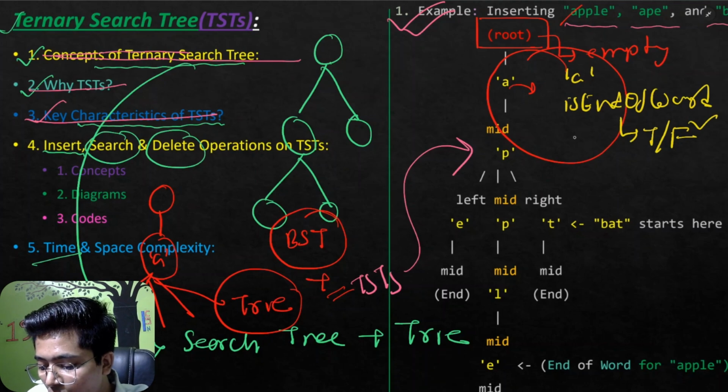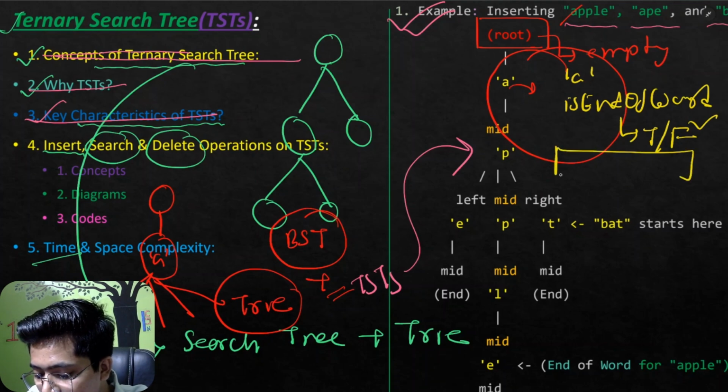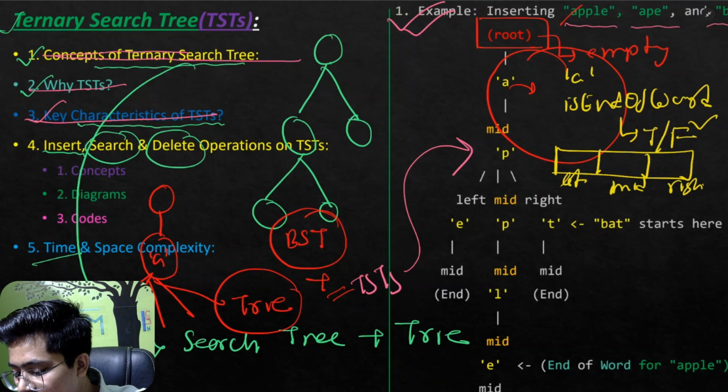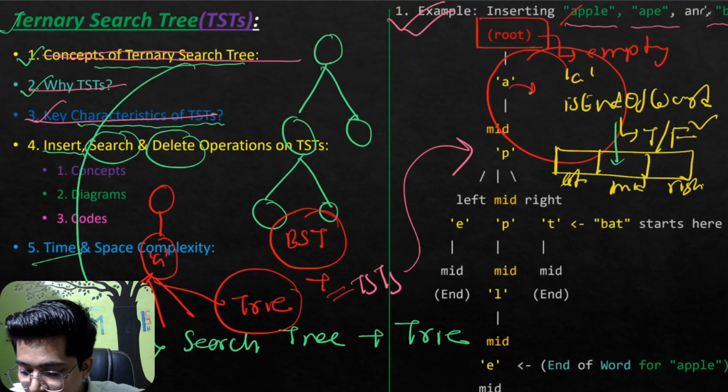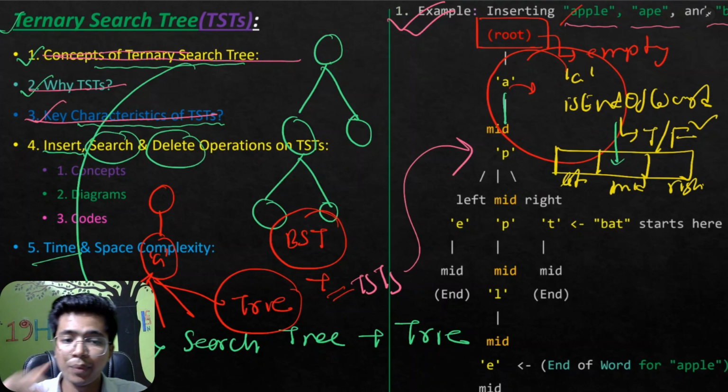And now there are three node pointers: left, mid, and right. As you can see, from A we come to the mid position, because whenever we insert the second character of the same word, we always take mid.